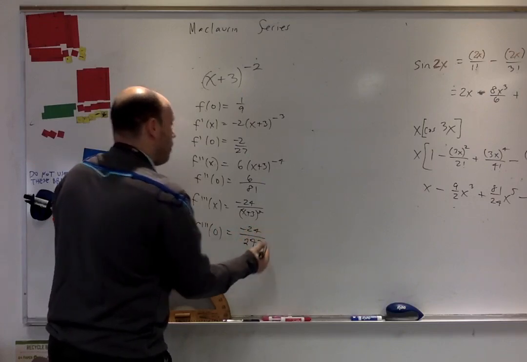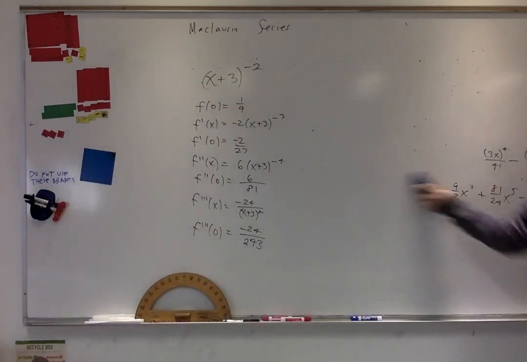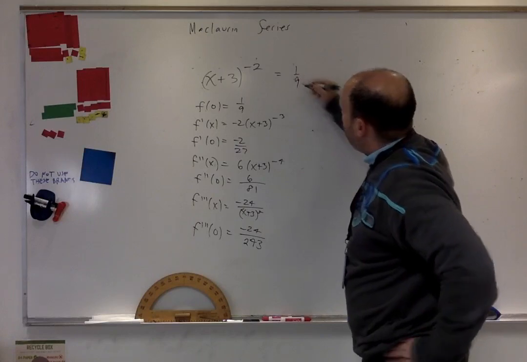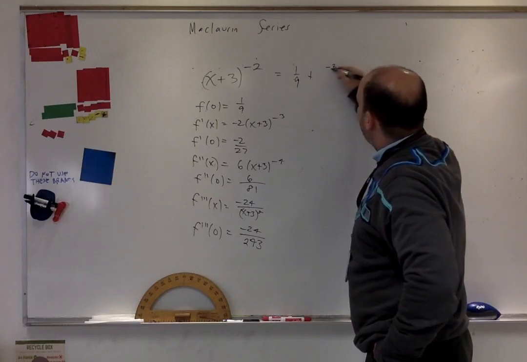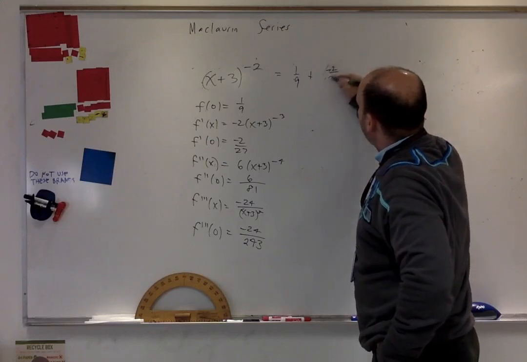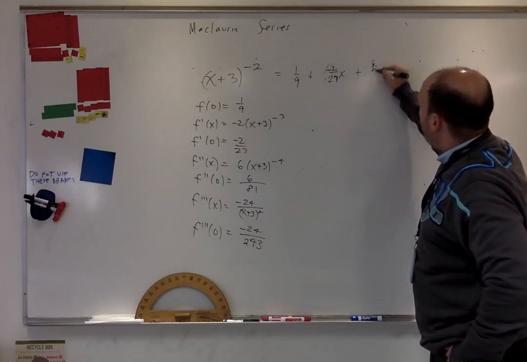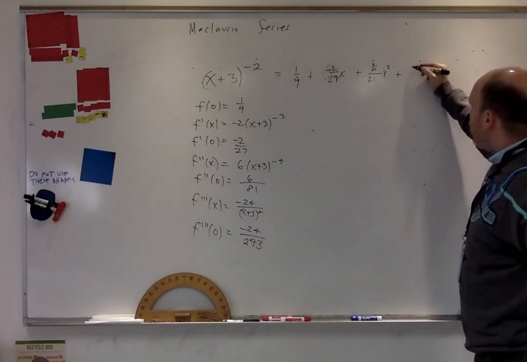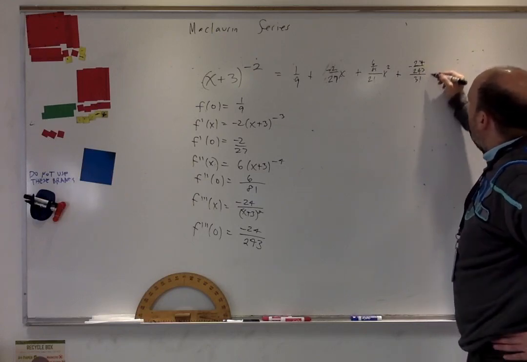And we're done. And so that means that instead of memorizing that weird formula, as long as you know how to do a Maclaurin series, you can now say that x plus 3 to the negative 2 is equal to 1/9 plus negative 2 over 27 x, right, plus 6 over 81 divided by 2 factorial x squared, plus, let's do the last term, negative 24 over 243 divided by 3 factorial x cubed.